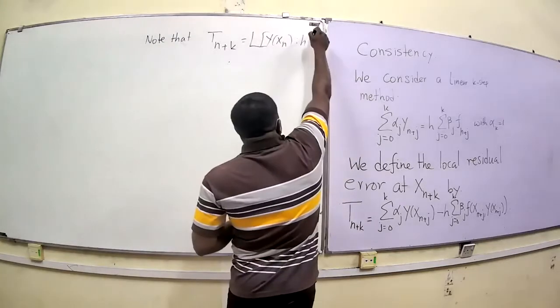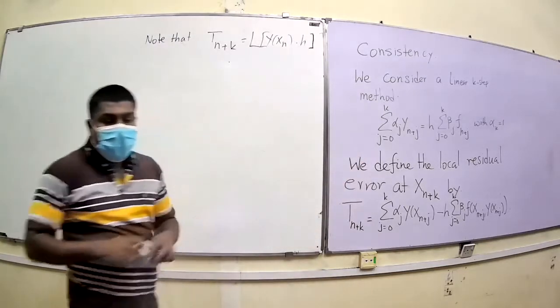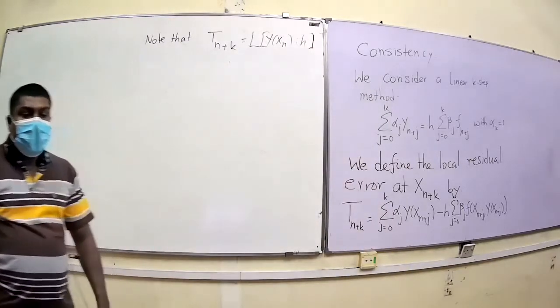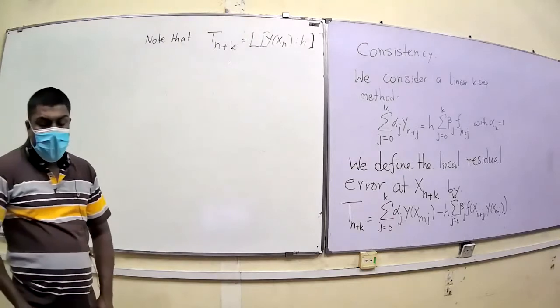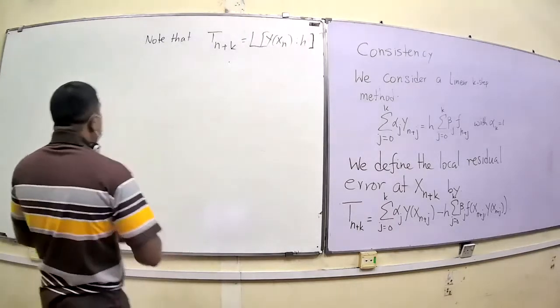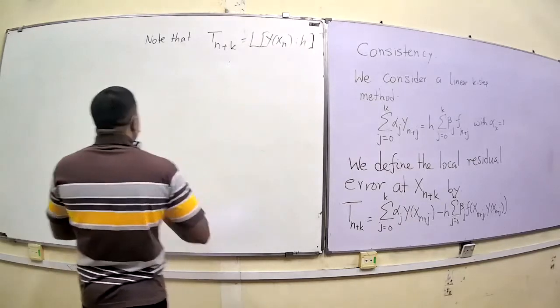So we use this. We defined this one earlier. This is an alternative notation of the way we define the local truncation error. So now we are going to define what we mean by consistency.